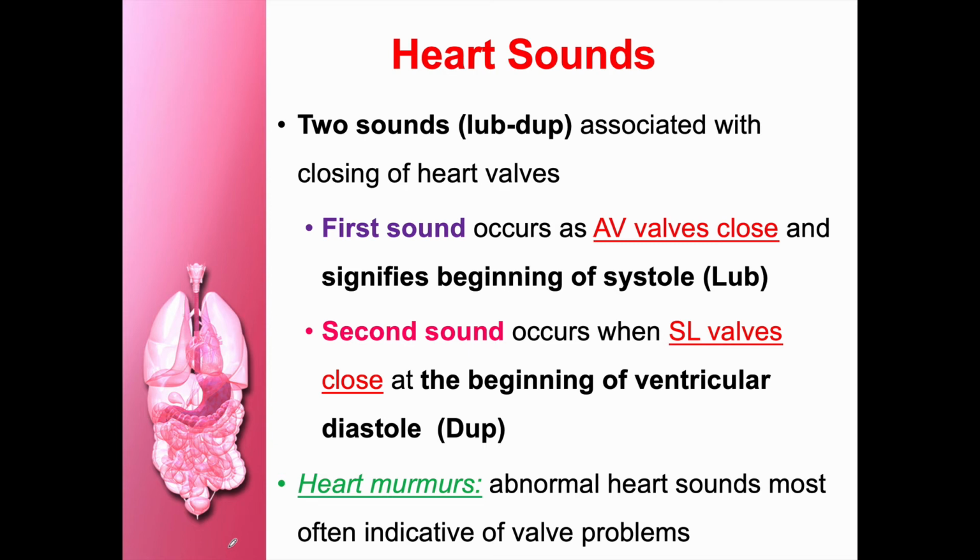The first heart sound is called lub, and the second heart sound is called dub. The first heart sound, lub, is due to closure of the atrioventricular valves, that is the bicuspid and tricuspid valves. The second heart sound is caused by closure of the semilunar valves, that is the aortic and the pulmonary valves. So lub and dub are the heart sounds.